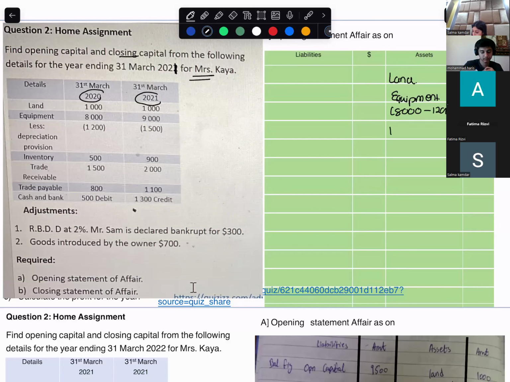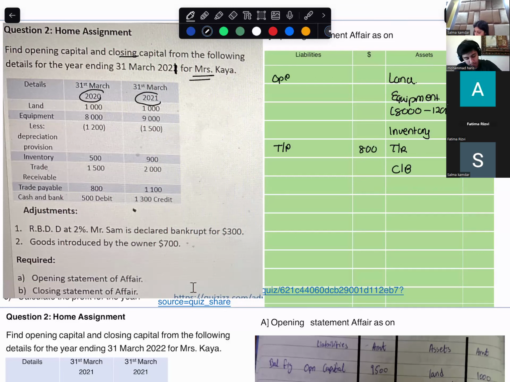Then I have what? Inventory, 500. I have trade receivables, 1,500. Trade payables, 800. And I have cash at bank, 500.